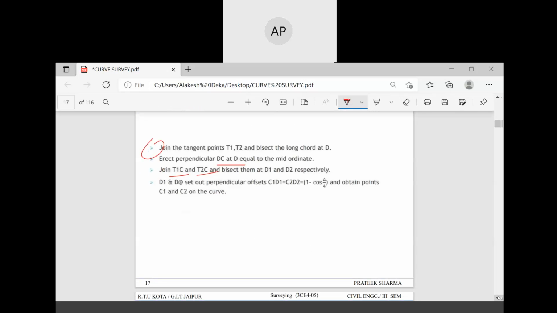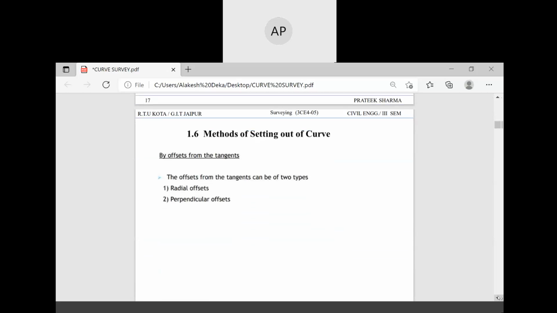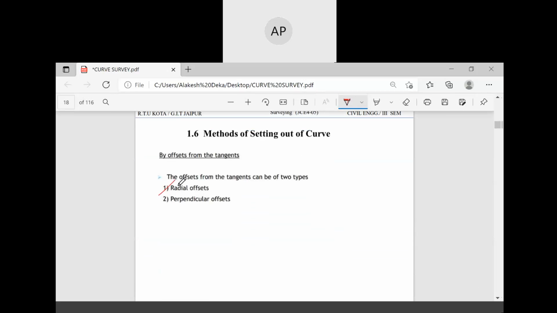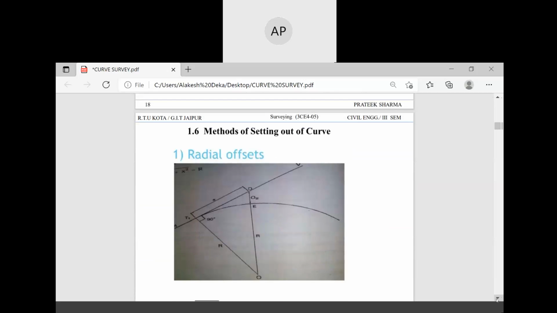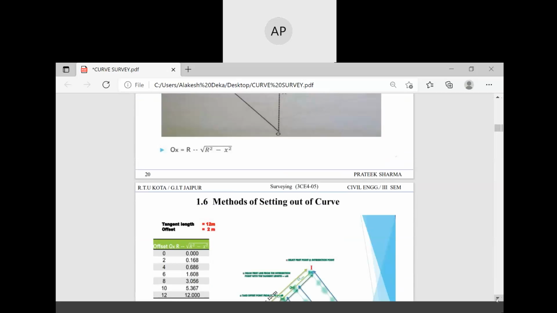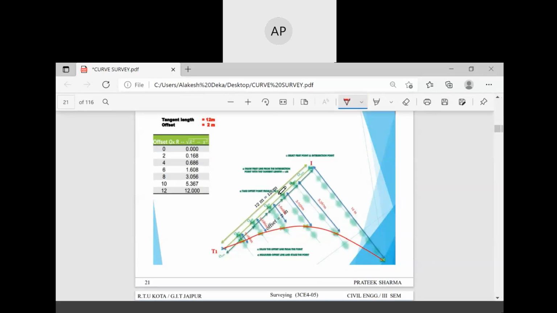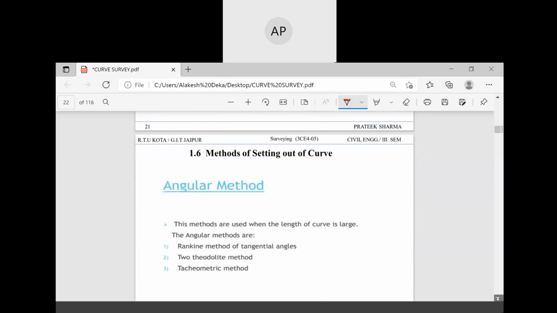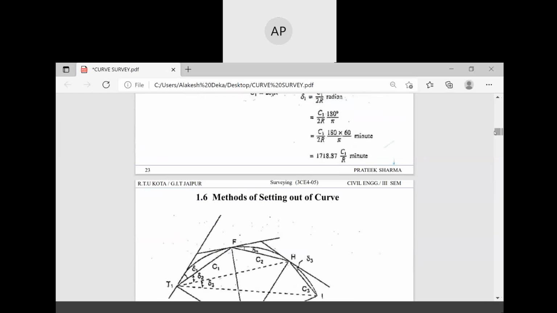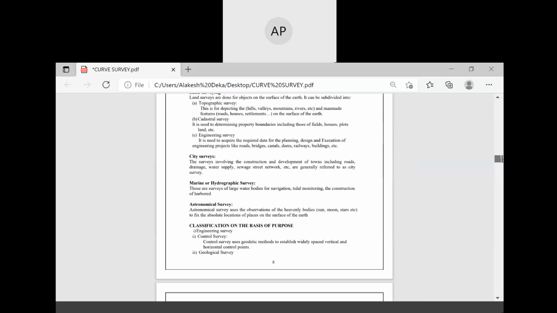Let's see. Method of setting out curves by offset from tangent: radial offset, perpendicular offset. In theory, we have to study the theoretical part only. Method of setting out a radial offset. Here they have used some software. These methods are required.